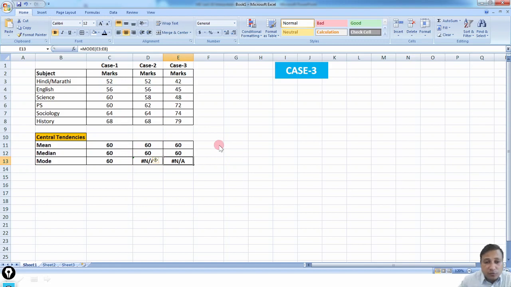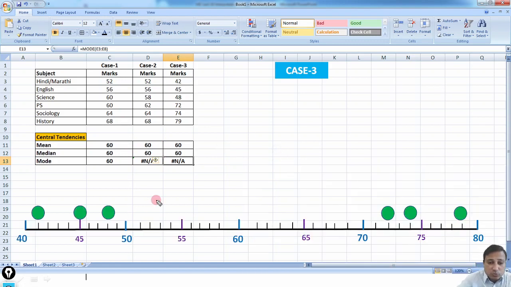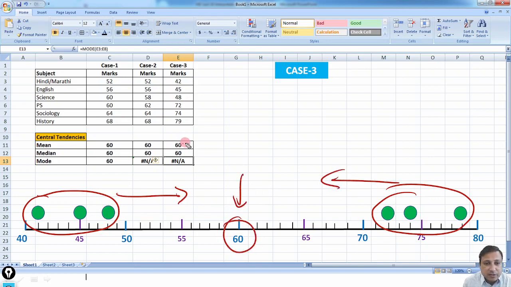And if I just see the distribution, you can see extremely low marks and extremely high marks, but still we try to compute central tendency. And that is why we get mean and median 60. Why are we not getting mode? Because there is no single value which came with the highest frequency.